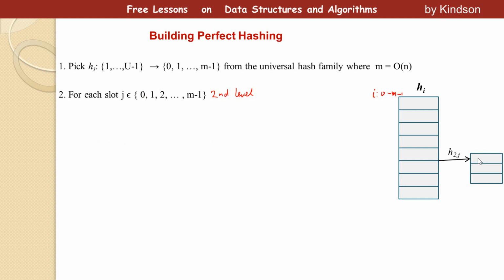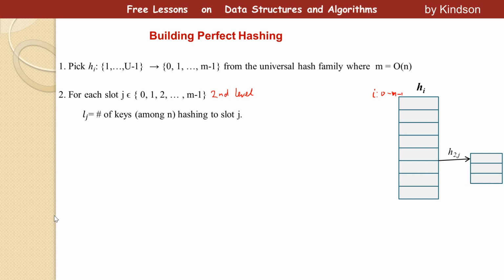Let's define Lj as the number of keys that hash into slot j. So let's get it clear. The first thing you do is to pick a hash function to hash into the first table. The next step, for each slot j, where j is in 0 to m minus 1.